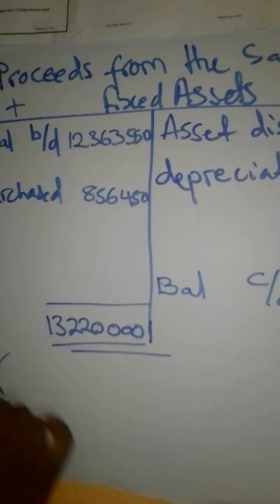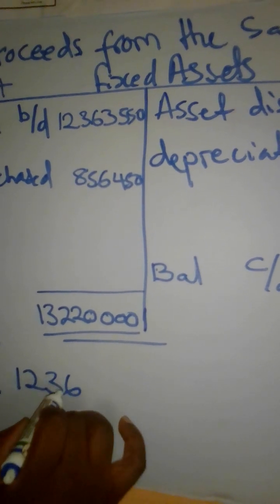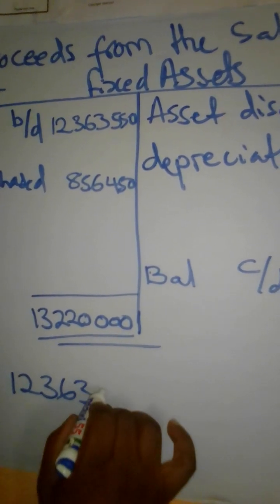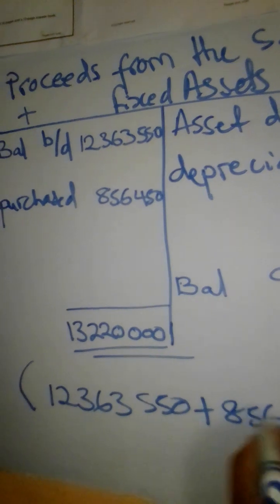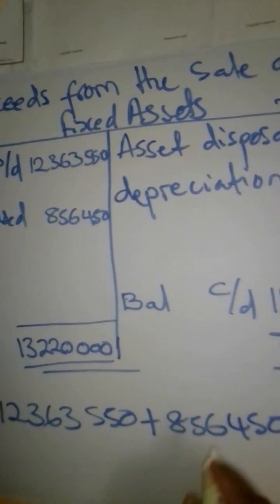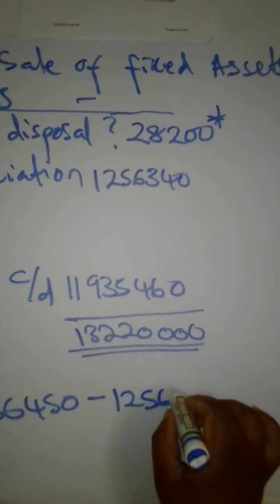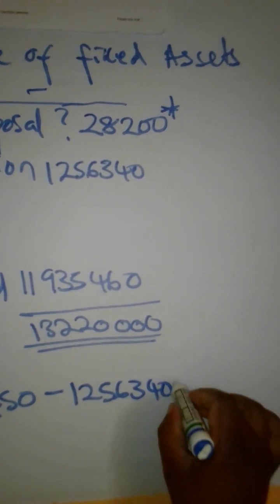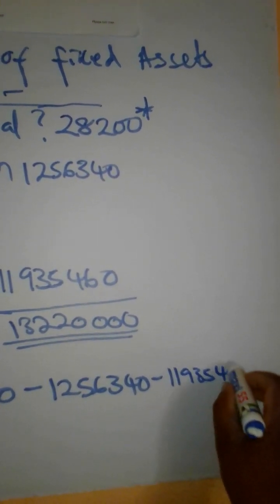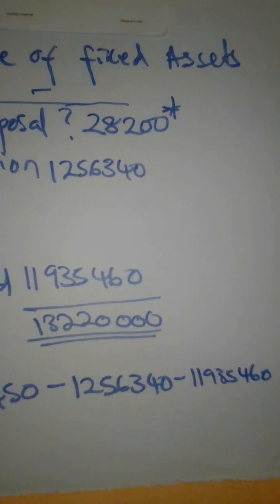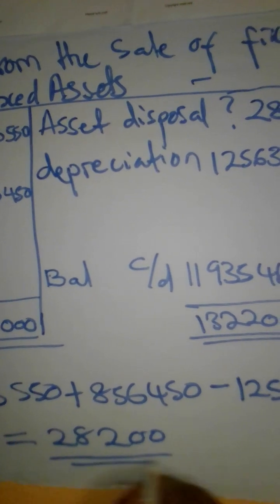So I'll take the opening balance, 12,363,550, and then I'll add the fixed assets that we purchased, 856,450, and then I'll minus the depreciation, 1,256,340, and then I'll also minus the balance at the end, the 11,935,460. My answer is also going to be 28,200.